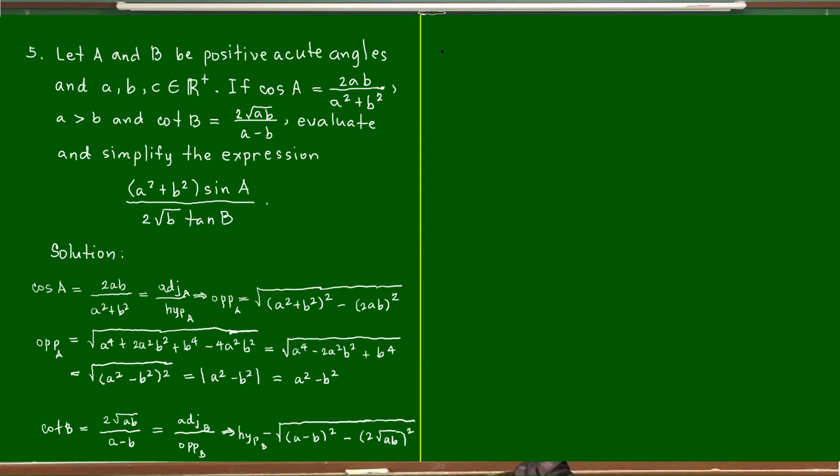Simplifying, we get hypotenuse to angle B is equal to the square root of, when expanded, children, A squared minus 2AB plus B squared, and then plus 4AB, because it's the hypotenuse we are looking for. Okay now? So this is when simplified.